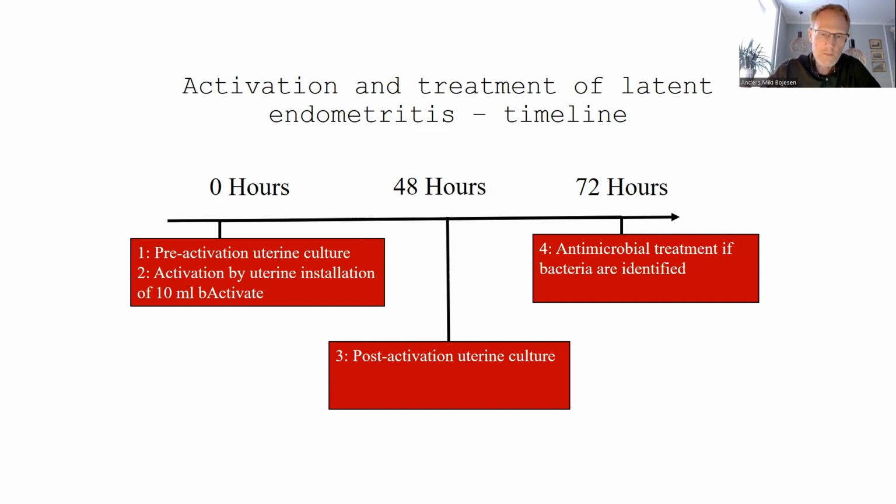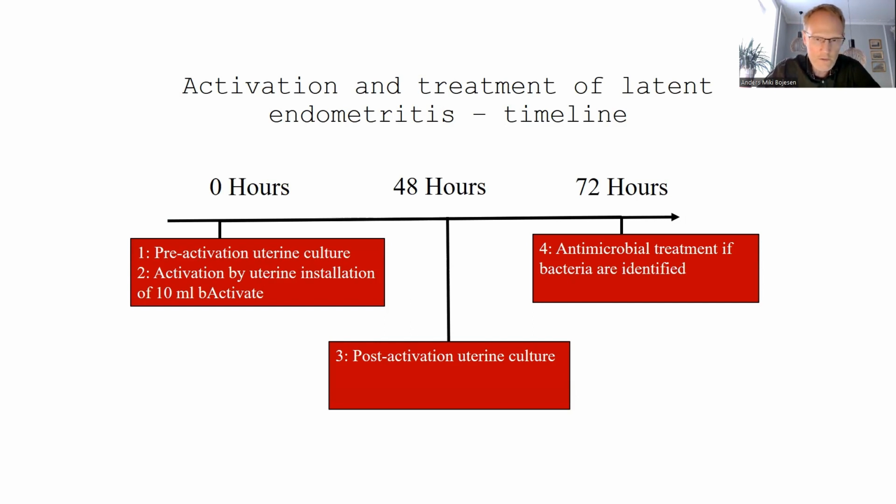Then you come back 2 days later and do another sampling. When you have a sample before and after activation, you will have an idea about whether there are dormant Streptococci in the uterus or not.